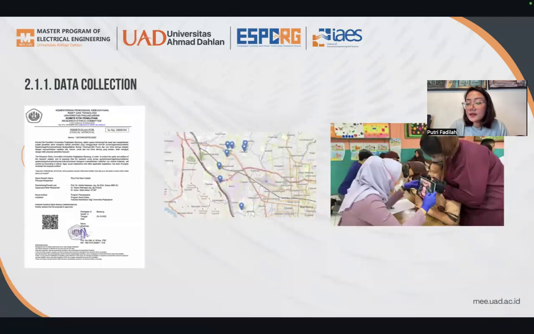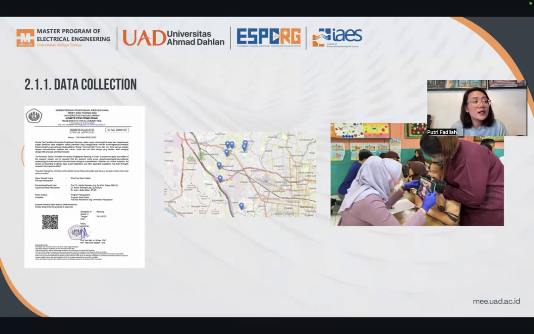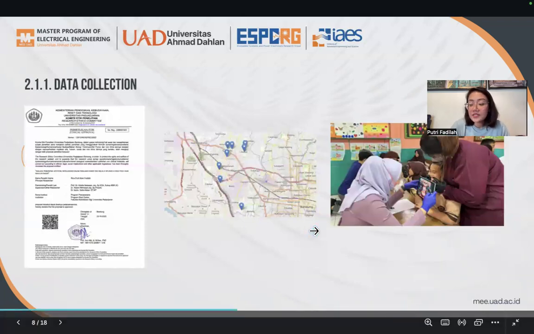In the first step, data collection, we got ethical approval from Padjadjaran University, Indonesia. After that, we conducted clinical examinations on the patients. The subjects of this research are school children at elementary schools in Cimahi, West Java, Indonesia.